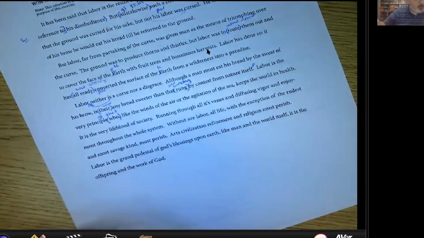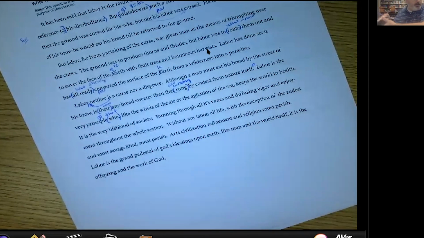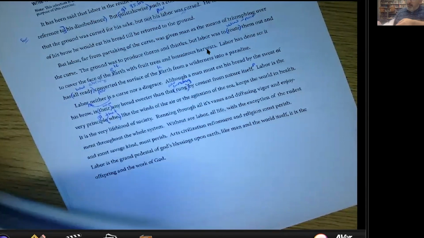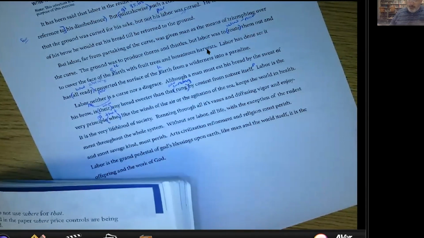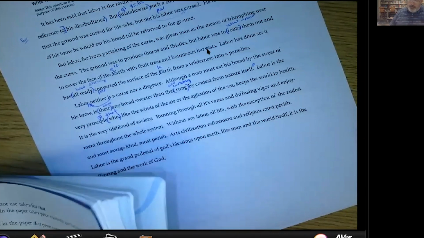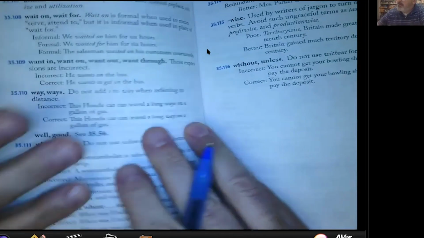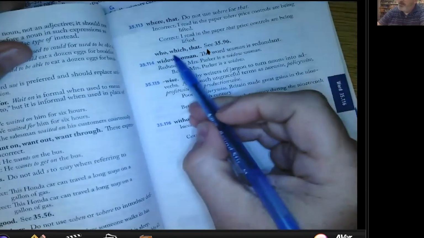The correction is GL for glossary of diction. I guess we should look it up since we have been. So glossary of diction, section 35, we're looking for who or that. Okay. Who, which, that, see 3596.